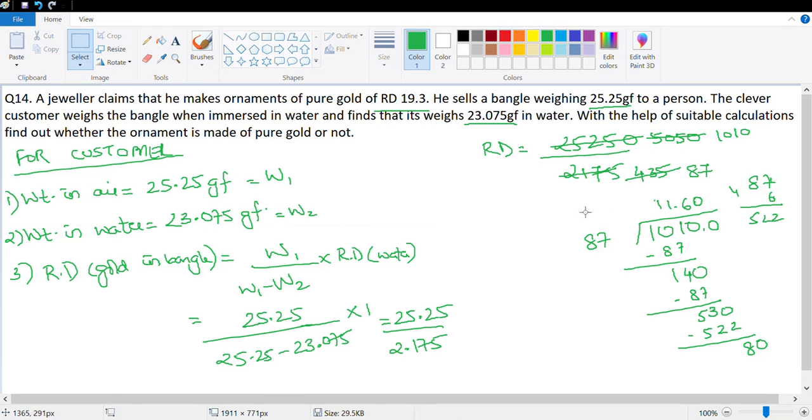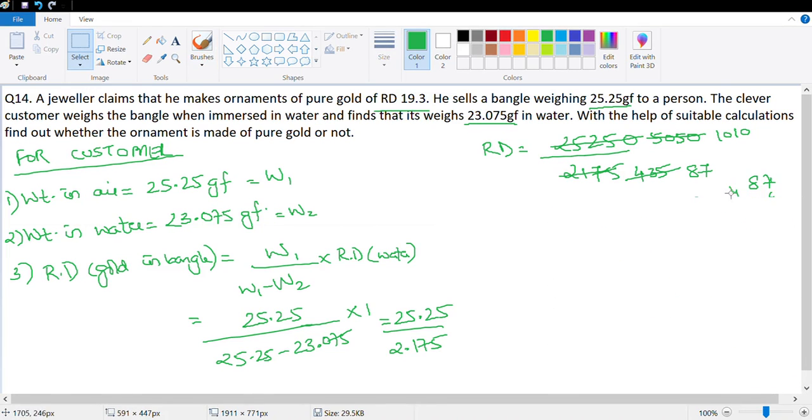11.60. Let me erase this. It'll give me space to write. So, therefore, RD of Bangle is equal to 11.60. Now, the reported relative density is 19.3.